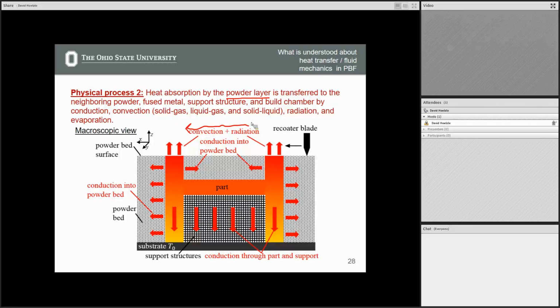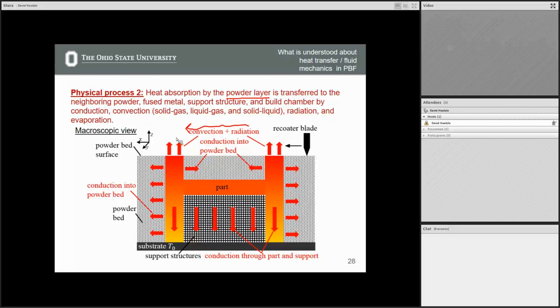So you have forced convection going in this direction. You're going to have some natural convection from this. But basically you have losses from the top of this part into the chamber, or into the environment around this.